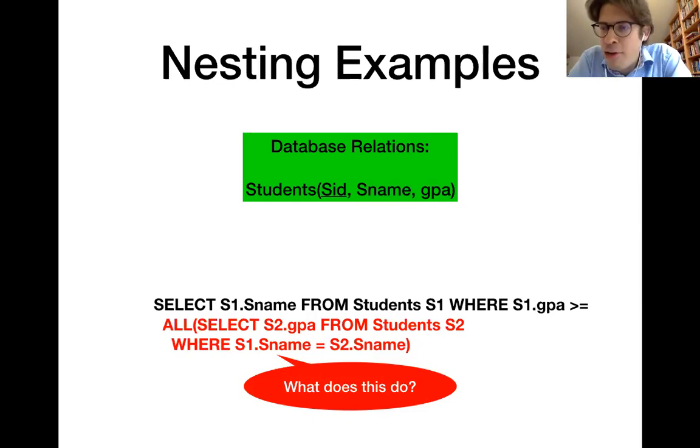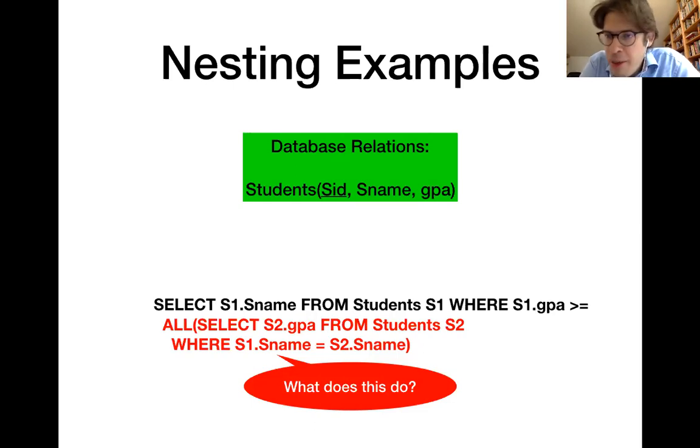So can anyone first of all tell me why this is a correlated subquery? Looks kind of similar to the ones that we have seen already. So what makes this one specific? Yes, very good. And here there's the reference in particular to S1.